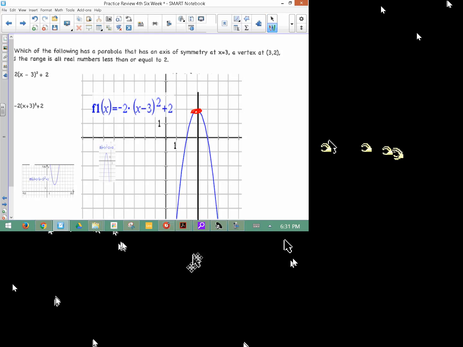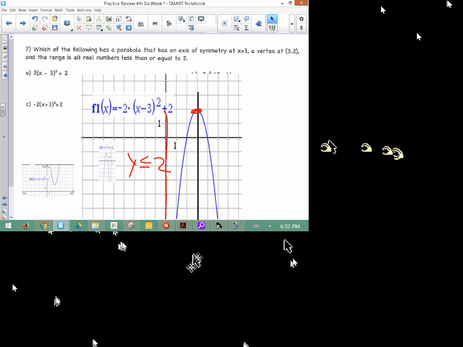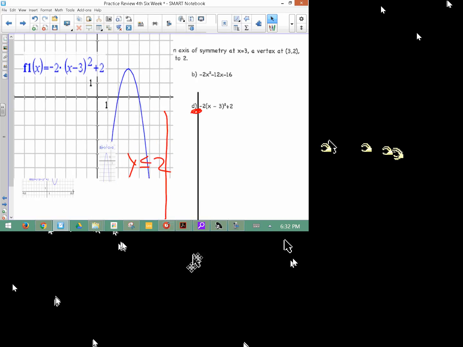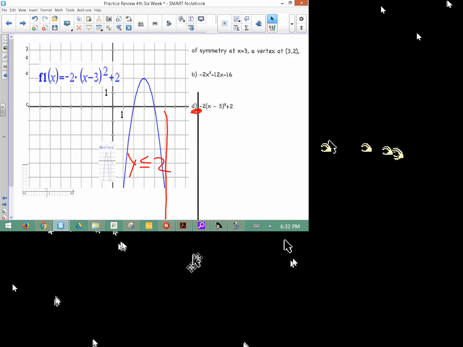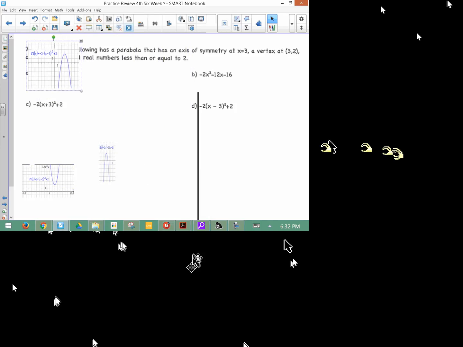Its highest point is 2, and it goes down from there. That's y less than or equal to 2. So this graph meets all the qualifications of number 7. So the correct answer choice is D.